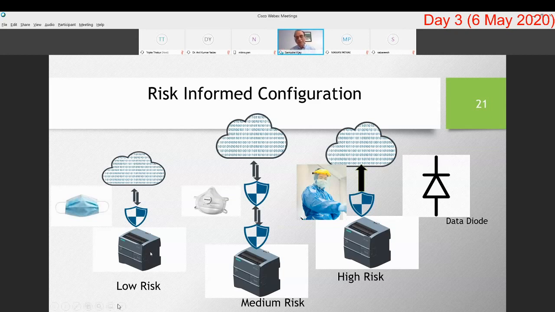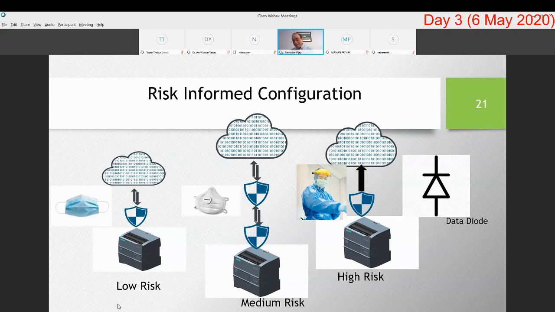For example, a low risk device could be connected through a simple firewall that is equivalent to your simple 3-layer surgical mask. For a medium risk device, you would require segmentation of the network so that traffic can be filtered and appropriately routed to the right device without having the ability to hack into your system. So here, for medium risk devices, you would use, for example, your N95 mask.